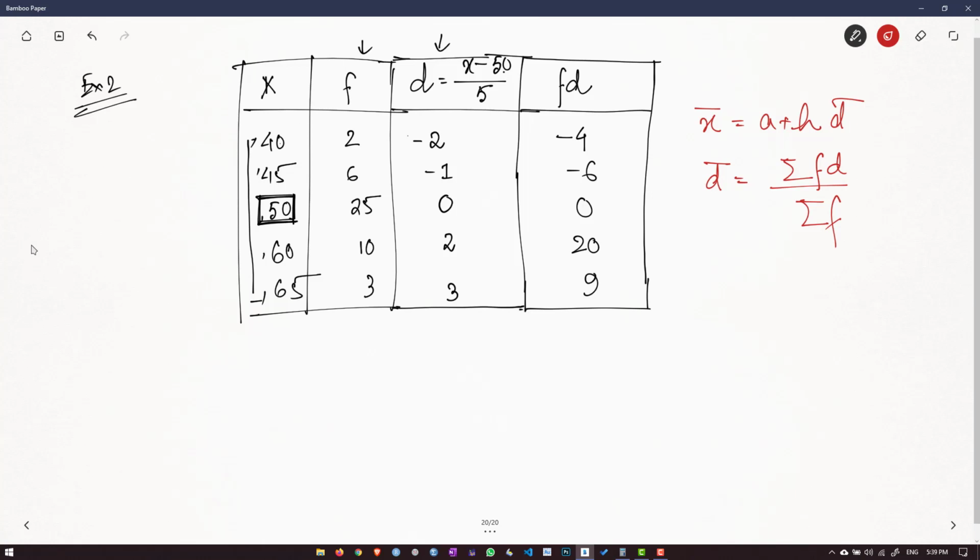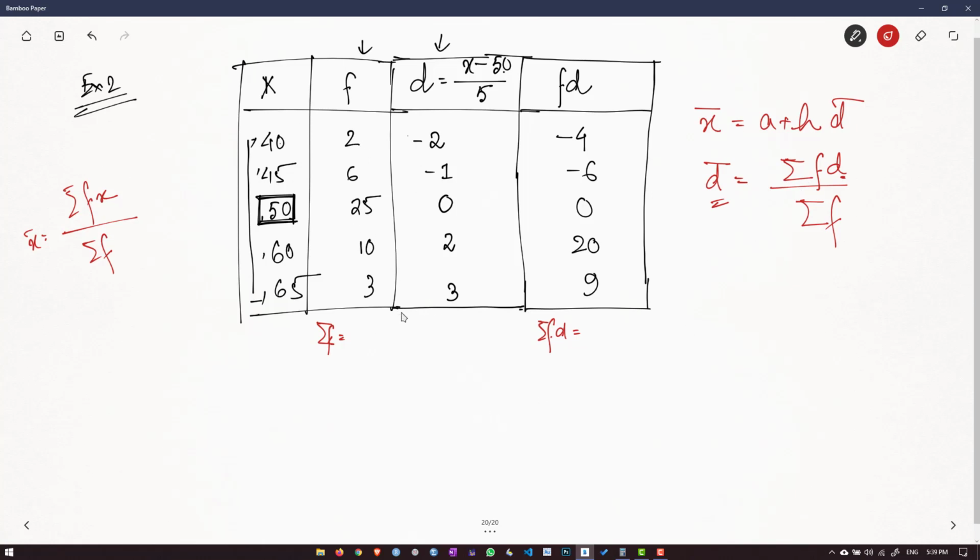In case of x, it is summation fx over summation f. The only thing that changes is d, right? So we need summation f, the total here, and summation fd here. These two things will be sufficient to calculate d bar, and d bar will be sufficient to calculate x bar.